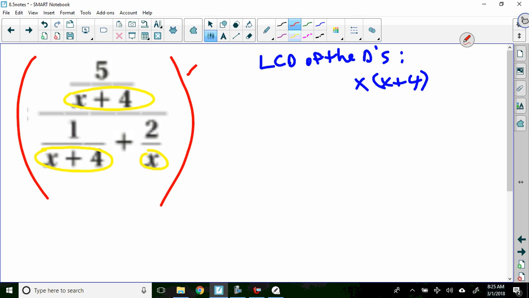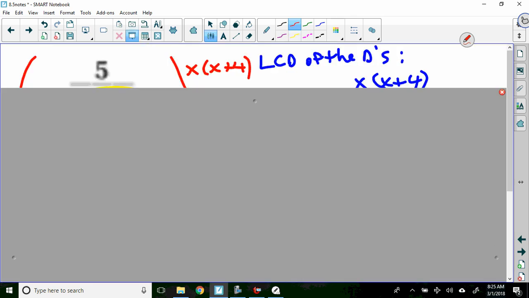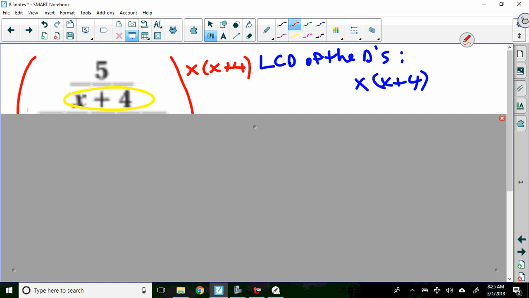So what we're going to do is multiply the numerator and the denominator by that. So we're going to multiply the numerator by x times x plus 4. We're going to multiply the denominator by x times x plus 4. So when we do this, you got to be really good at cross-canceling. If I could get out my screen for a minute and just look at the numerator.